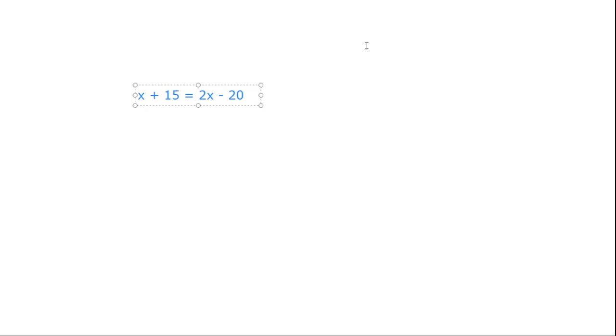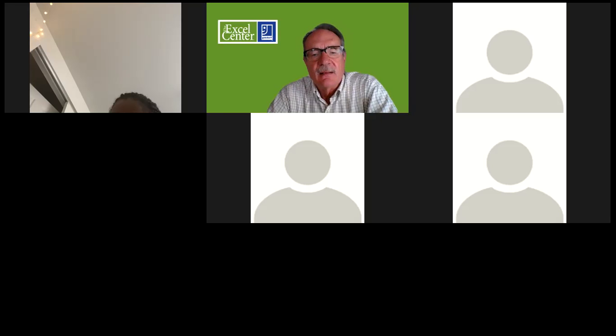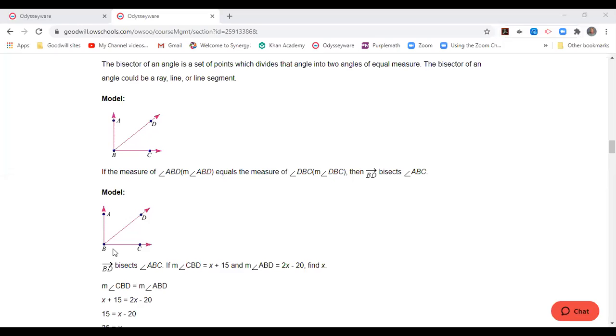The funny thing about that drawing is you might be tempted to make them equal to 90 because it almost looks like a 90-degree angle. Again, this is geometry. You cannot assume that.